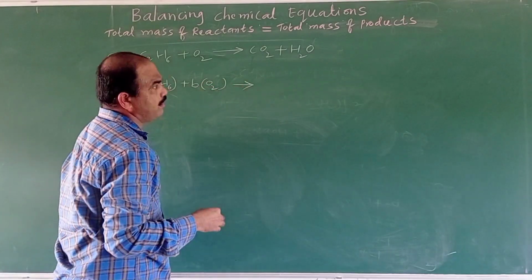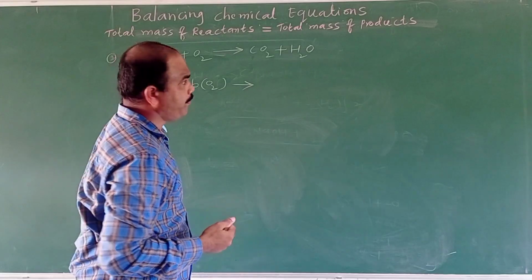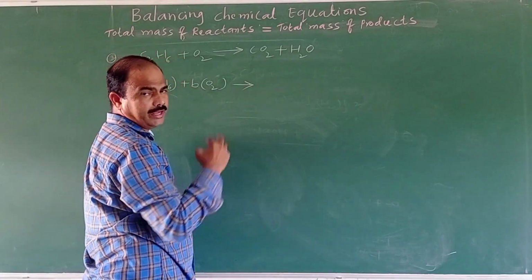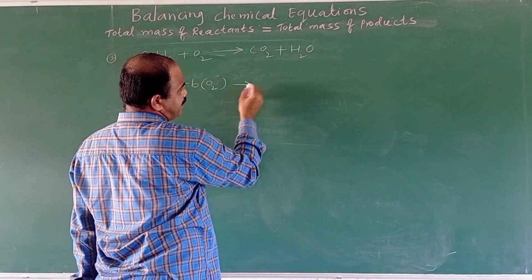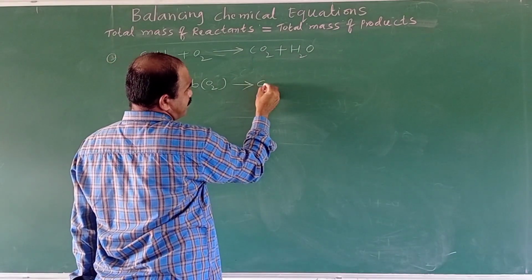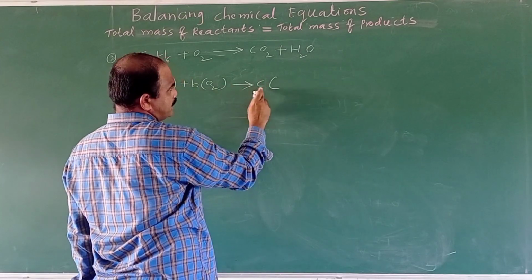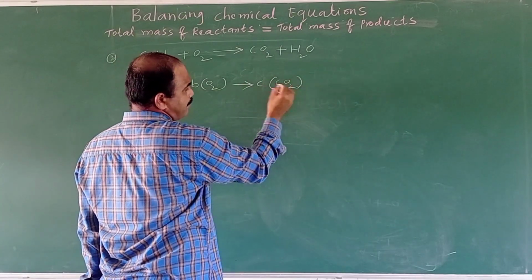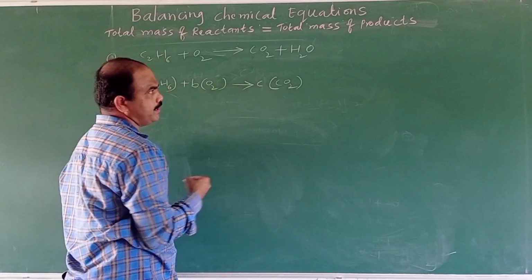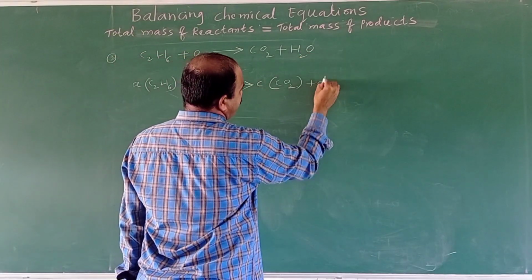Then on the product side, there are 2 products, and the 2 products are multiplied with 2 different coefficients. I am taking C, don't confuse, this C is the letter C, multiplied with carbon dioxide, and this water is multiplied with the coefficient D.